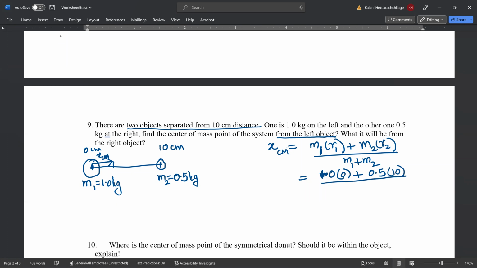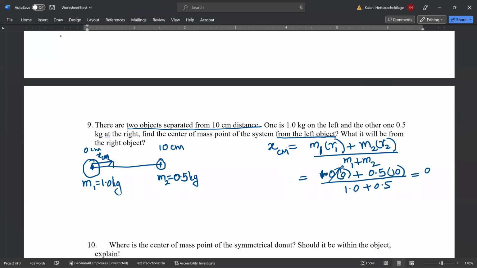I'm not going to convert into SI units here because I'm just calculating the distance. If you use the same units for the distances, then I'm going to get the same units at the end. And the denominator will be adding the masses, 1 plus 0.5. Right? So now for this answer, everybody can see this part is basically 0.